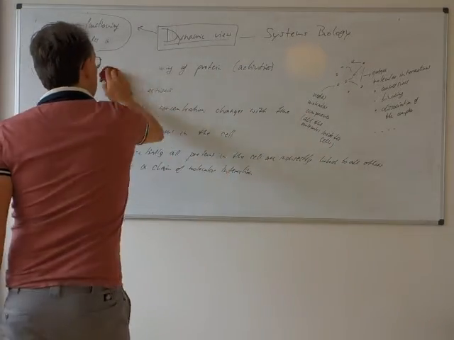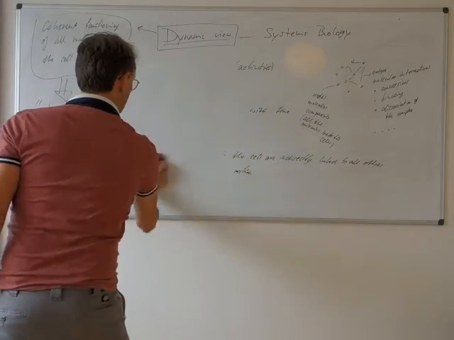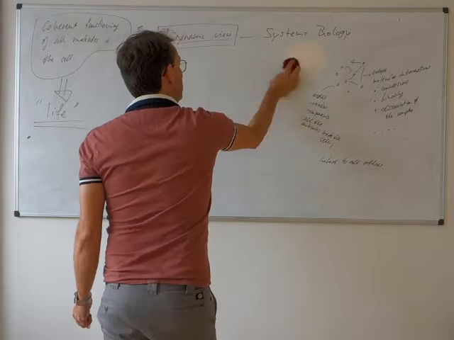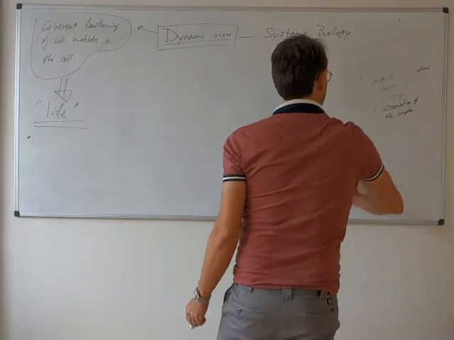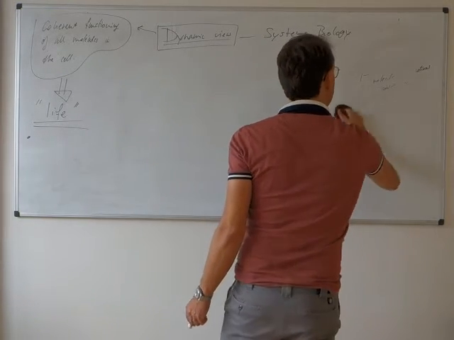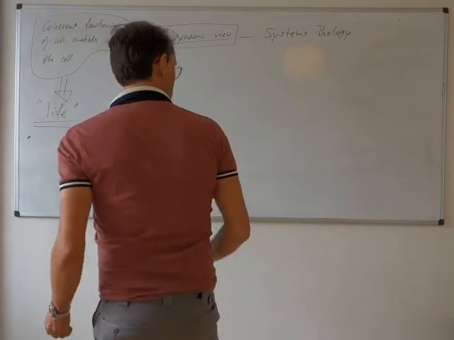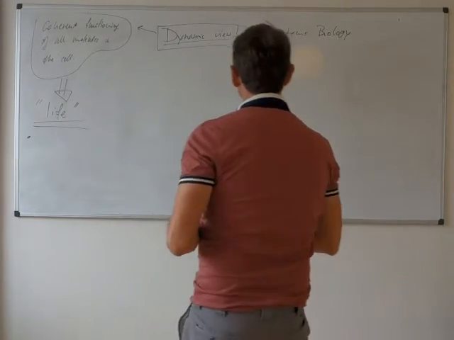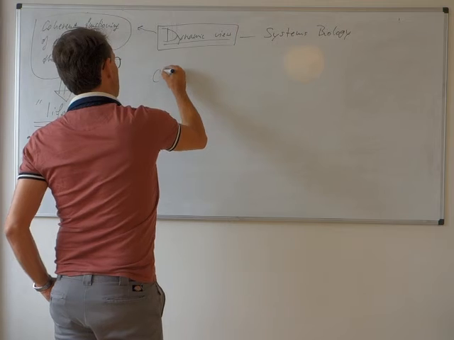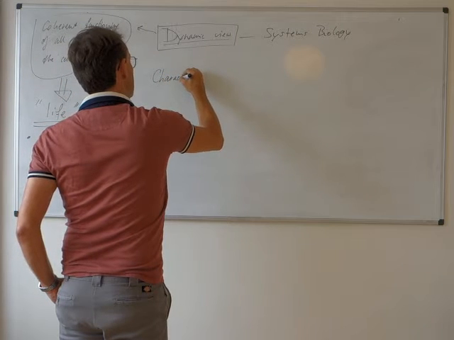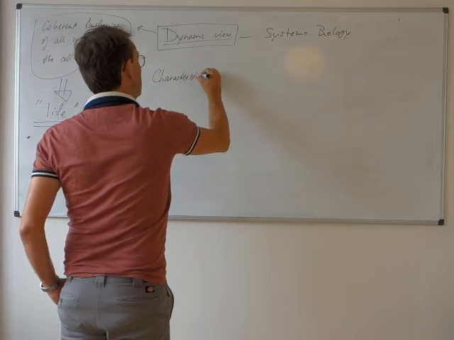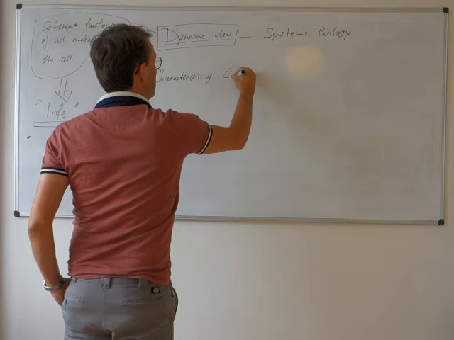So let's make a little list so that we all understand what the challenge is that systems biology is trying to tackle. Okay, so let's write down some characteristics of life.